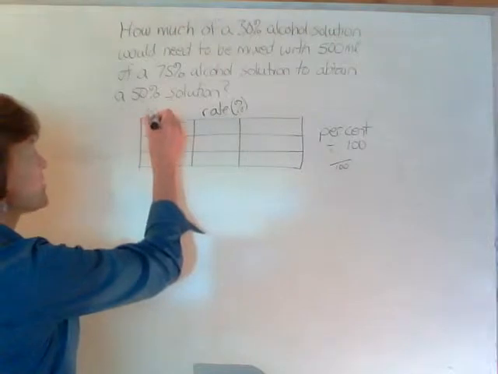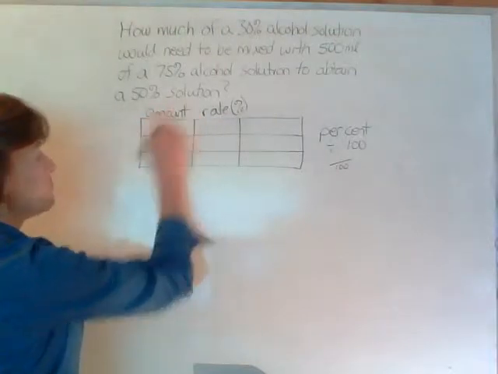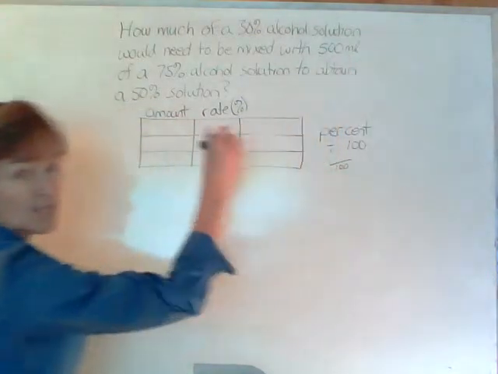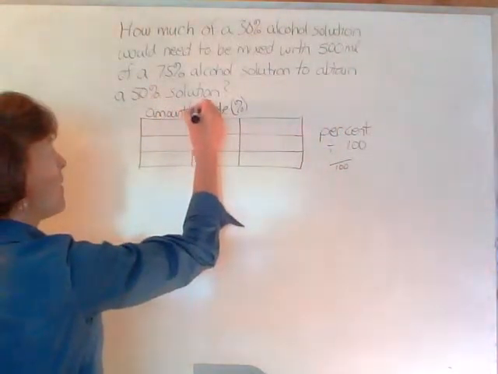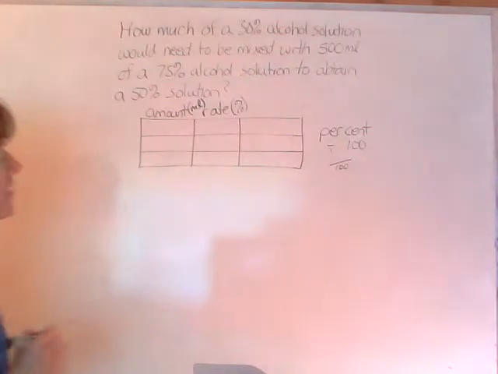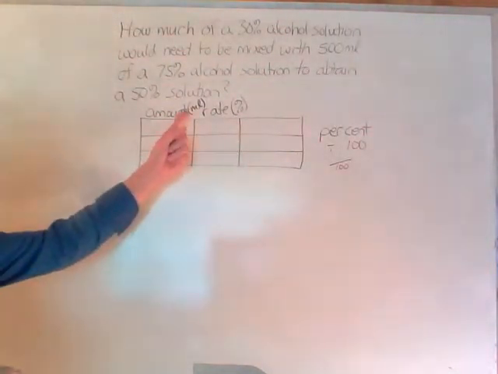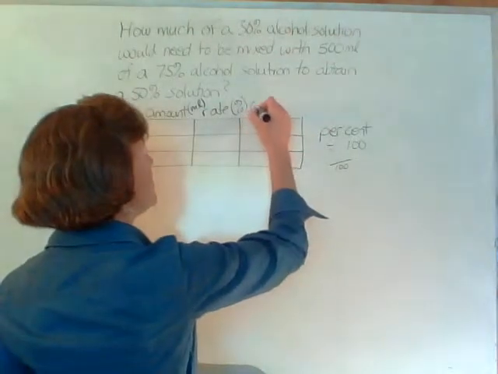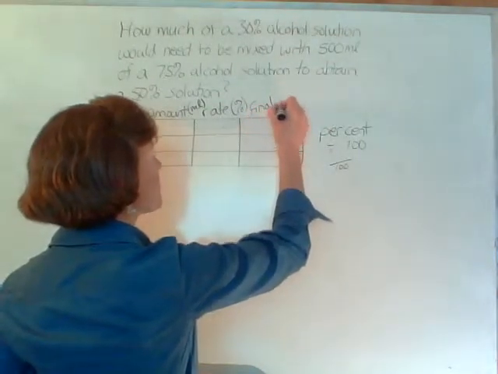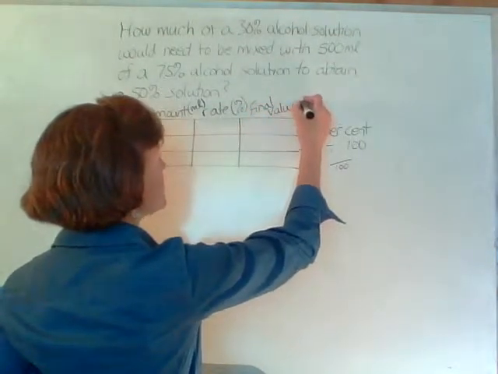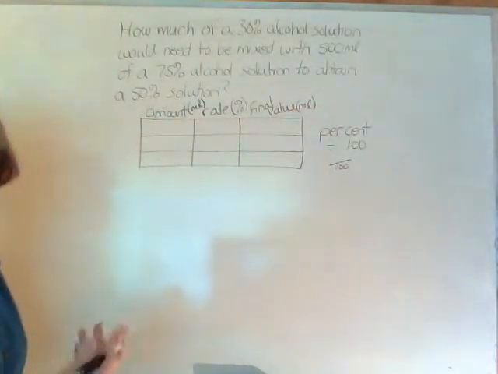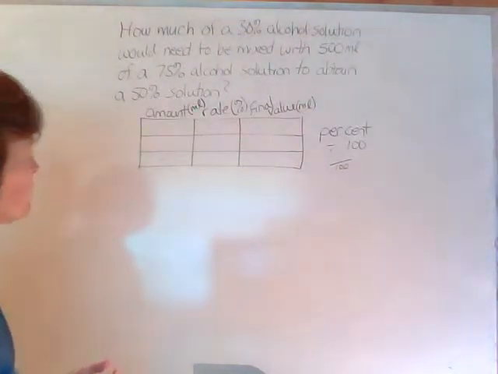My amounts, for this problem, are going to be in milliliters. So when you multiply milliliters times percents, you get a number that is also in milliliters. The percent doesn't really change the units.